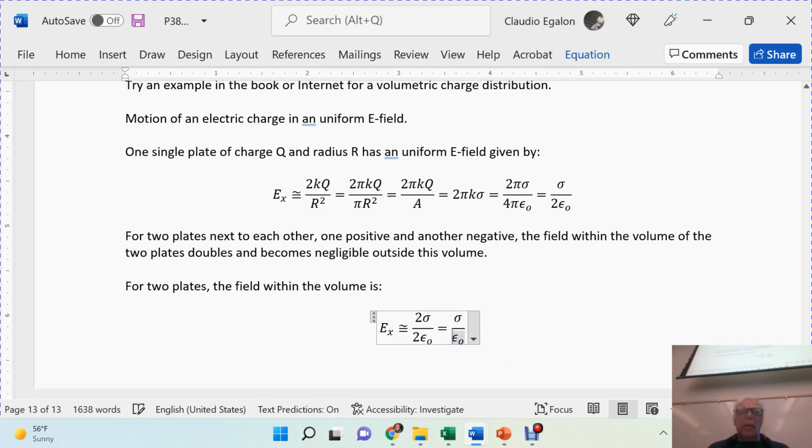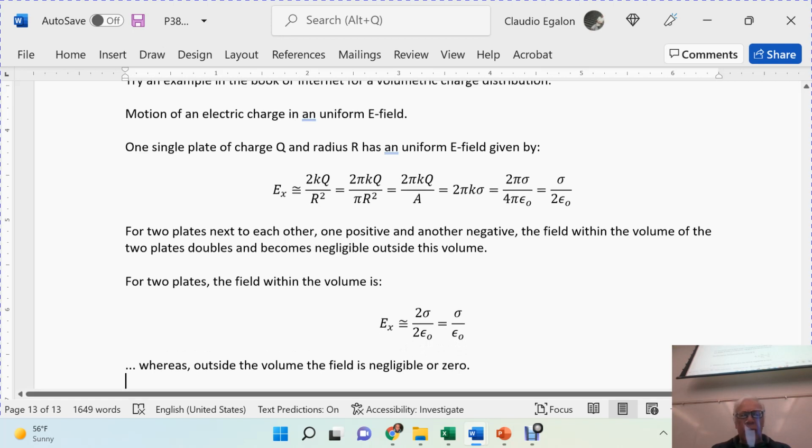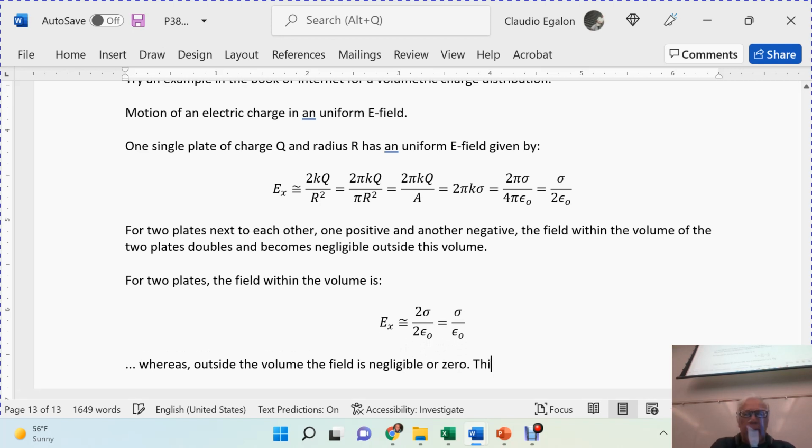For some reason, books don't like to use k's in the electric field for this type of configuration. Okay. Two plates, the field within the volume is sigma over epsilon naught, whereas outside the volume, the field is negligible or 0. It's a uniform field.